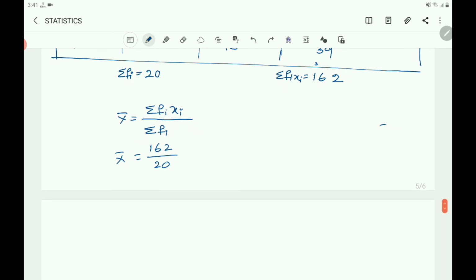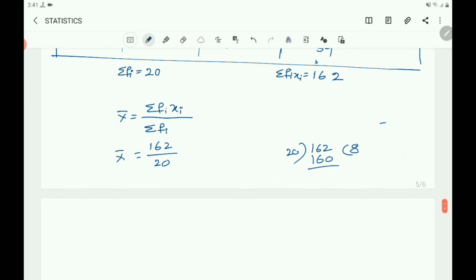You divide 162 by 20. You know that 8 twenties are 160, 2 is remaining, put a point and put 0, so you got 8.1.